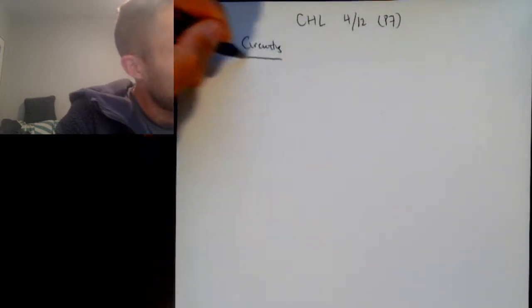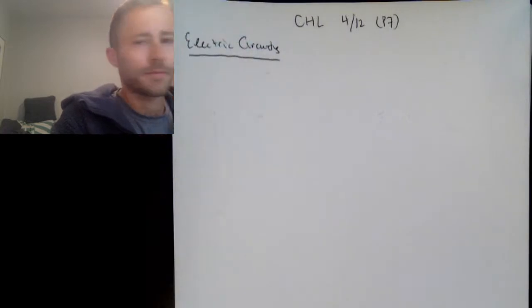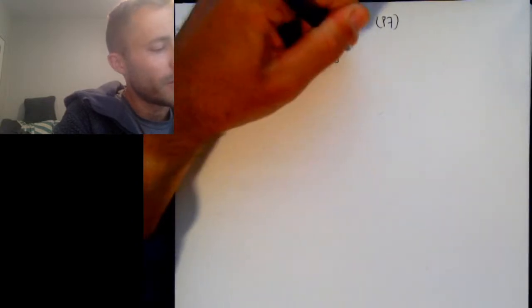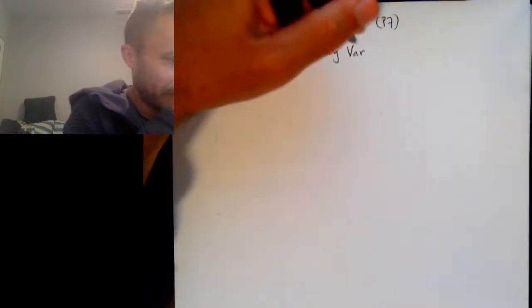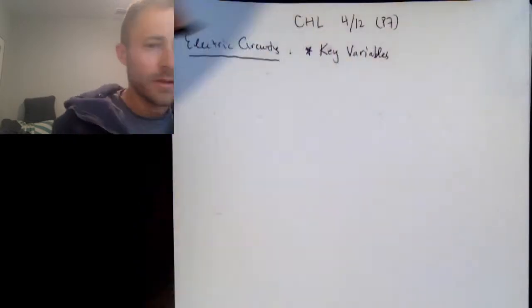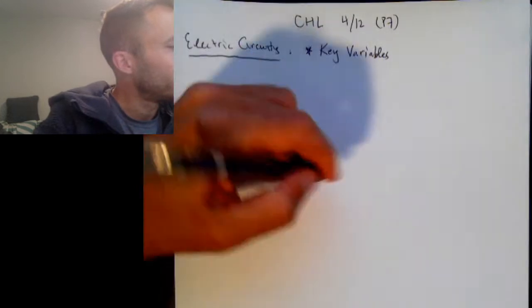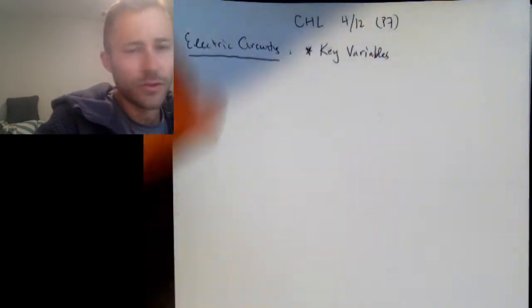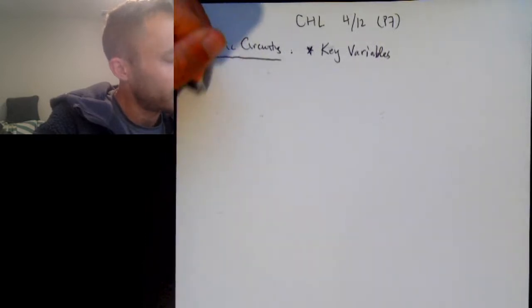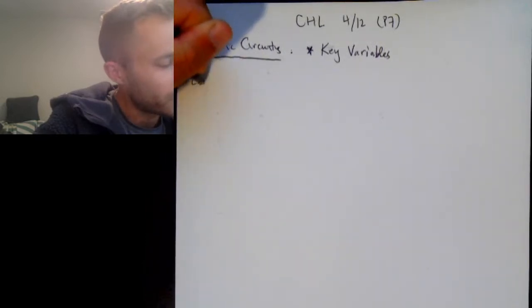All right, the first thing I want to talk about are the key variables in electric circuits. There are 2 key variables. The first one is electric potential difference.